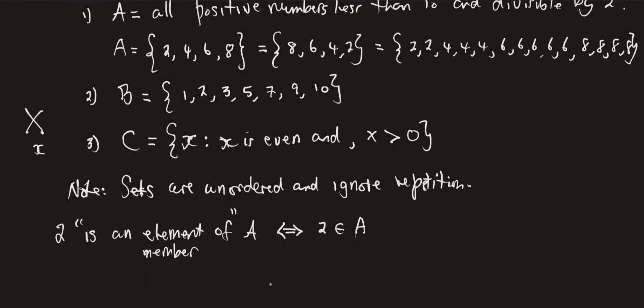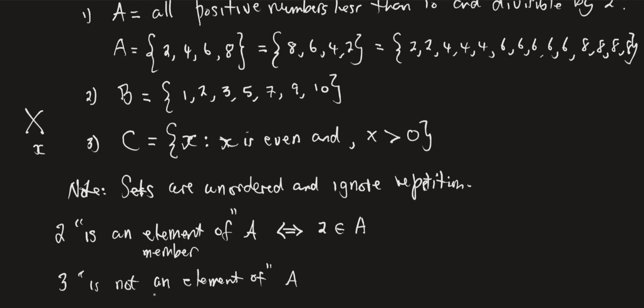Similarly, again, looking at A, we can see that 3 is not an element or member of A, right? Well, this happens a lot in set theory. When you have a symbol that represents some statement, if you want to negate that statement, in other words, if you want to say not such and such, you simply put a slash through that symbol.